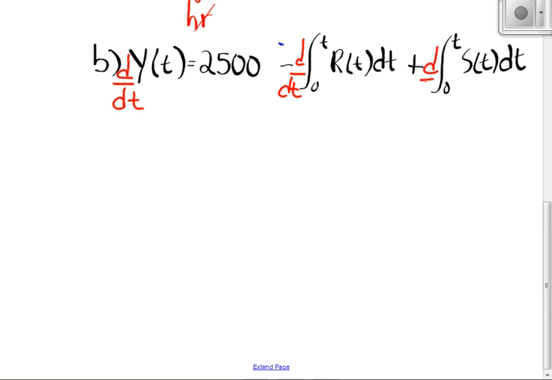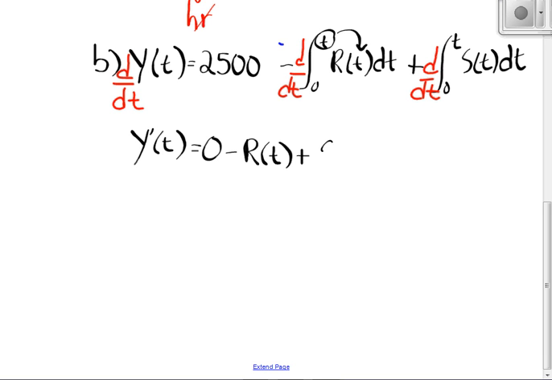What's the derivative of my 2,500? 0. So y prime of t is 0 minus r of t plus s of t.